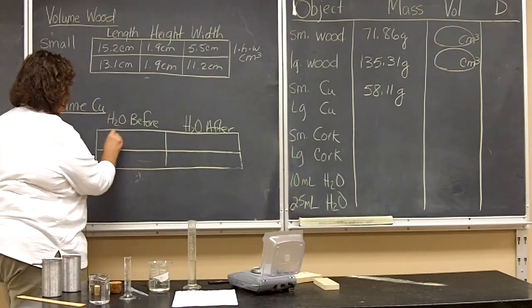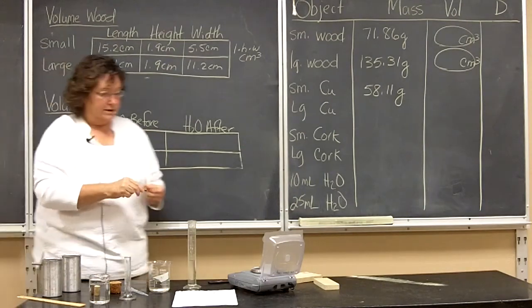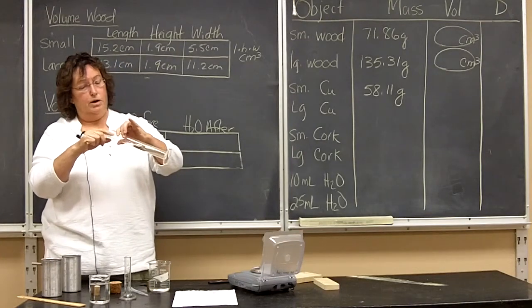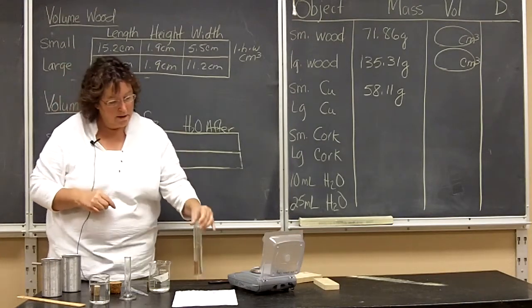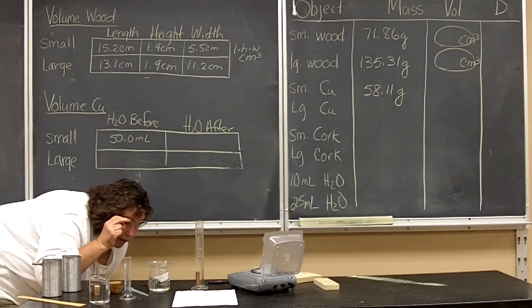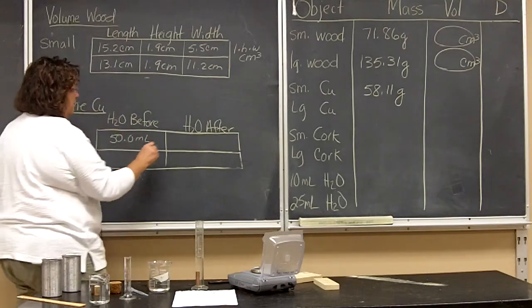I'm going to put that right here. I'm going to tilt it so I can gently slide this in so I don't break it. And that now reads 56.5 milliliters.